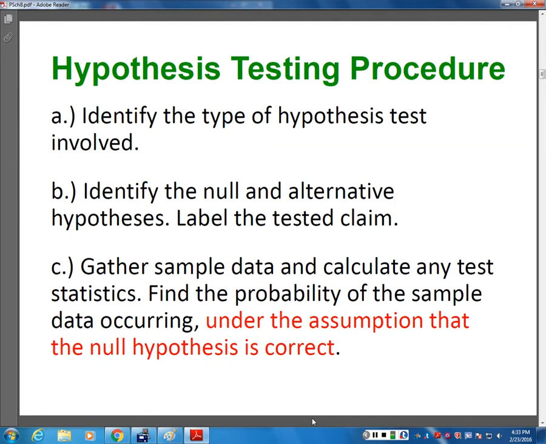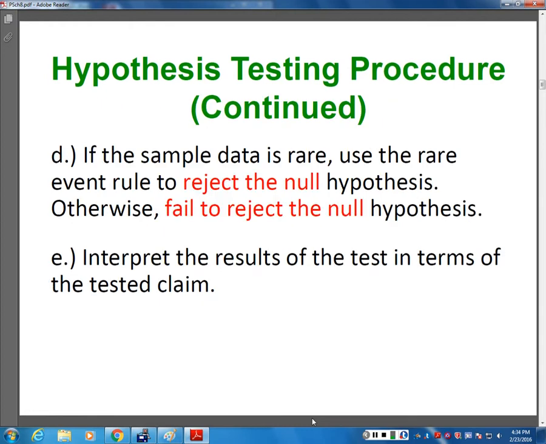Now, we won't really gather sample data. Most of the time, we'll just read about it in problems, but we will calculate the probabilities of those sample data occurring. We'll mostly use the calculator to help us in those calculations. Two more steps.